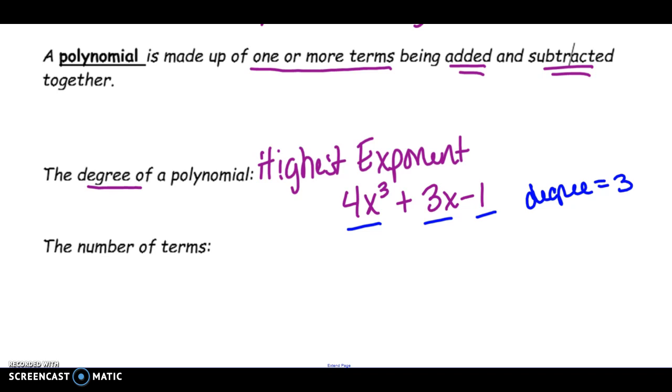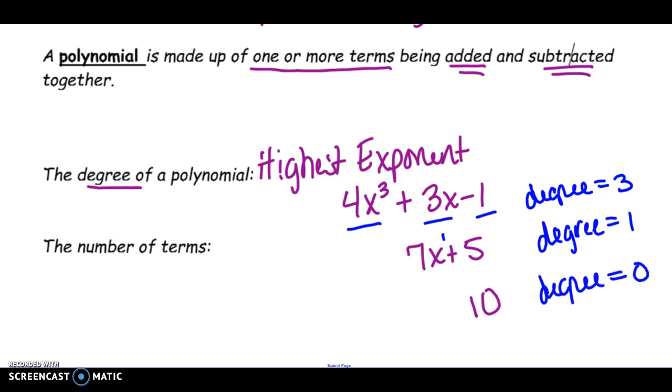One more example. If I have 7x plus 5, the highest exponent is the 1 that we don't see on the x, so its degree would equal 1. If I just have a constant, or a number with no variables, the degree equals 0.